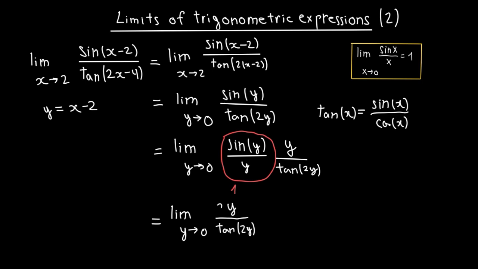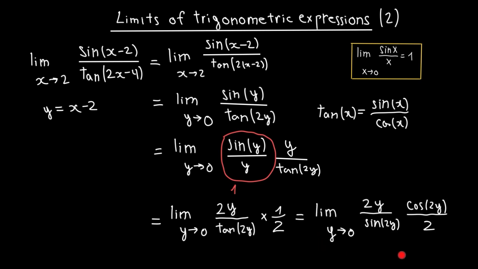So I'm going to multiply by 2 and divide by 2. And therefore we get 2y divided by tangent of 2y. And this, let me write it down, corresponds to this expression over here.